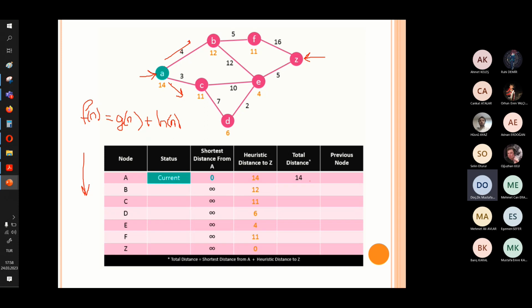So the distance to B, let's check. It was infinite at the beginning, and what we have found is 4. 4 is smaller than infinite, so it is shorter. Therefore, reaching B will not be infinite anymore.